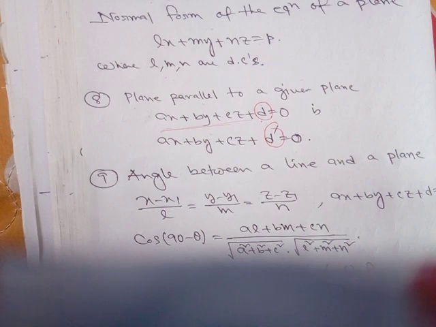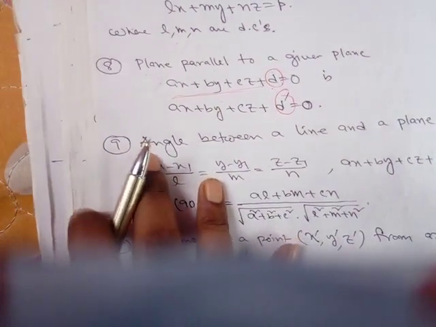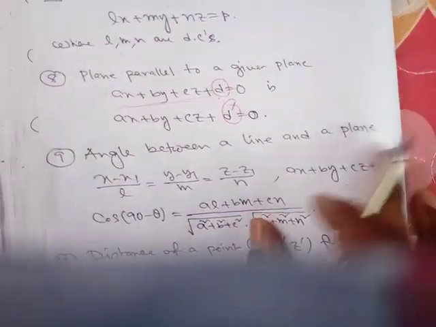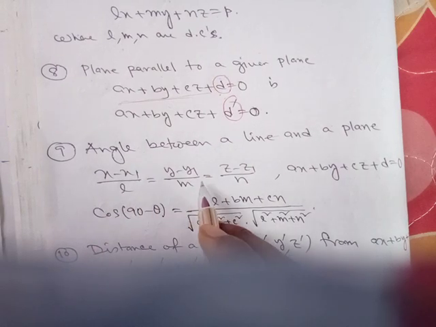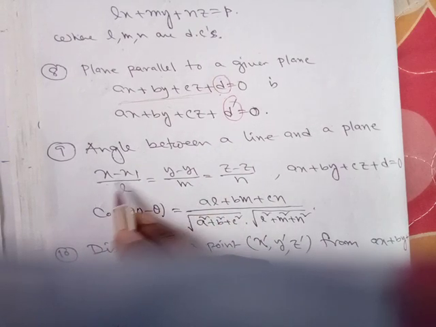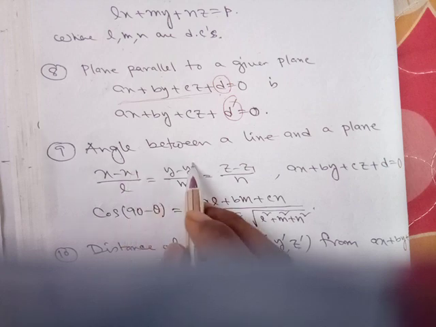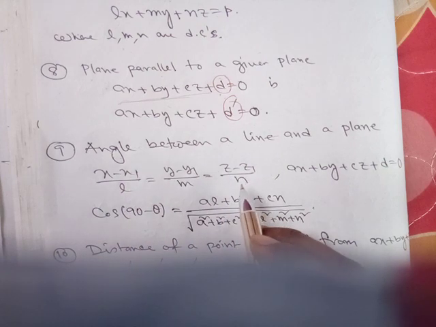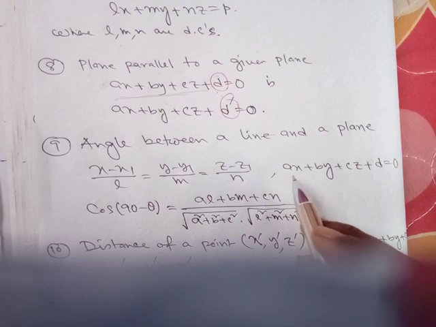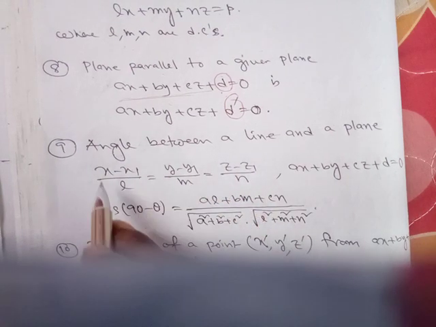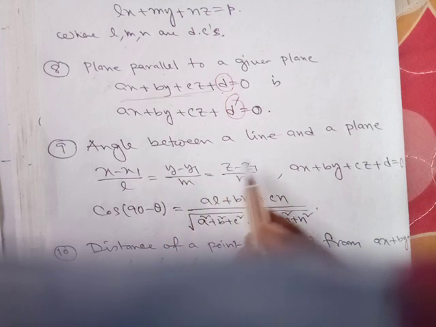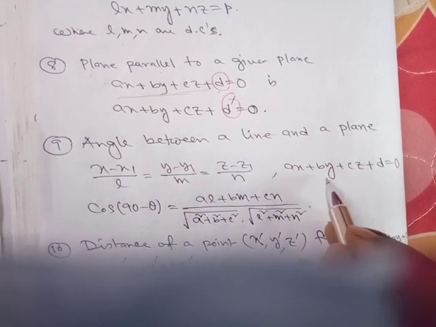Next, point number 9: angle between a line and a plane. Suppose this is the equation of a line, a straight line, x minus x1 by l equals y minus y1 by m equals z minus z1 by n, and another equation is the plane ax plus by plus cz plus d equal to 0. This is the symmetric form of the straight line, and this is the equation of the plane.